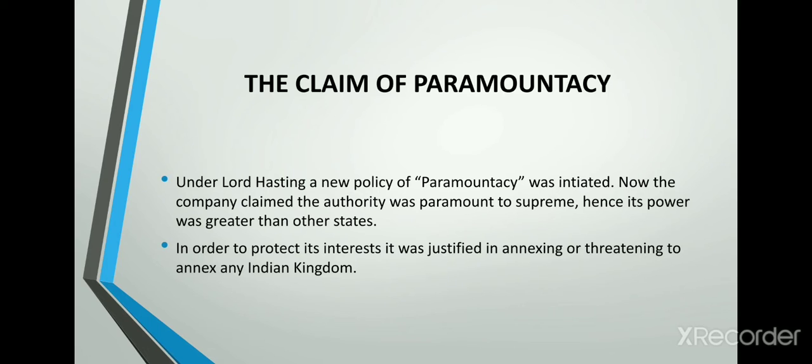The company claimed that its authority was paramount. The meaning of paramount is supreme, and hence its power was greater than that of Indian states. In order to protect its interest, it was justified in annexing or threatening to annex any Indian kingdom. This view continued to guide later British policies as well.